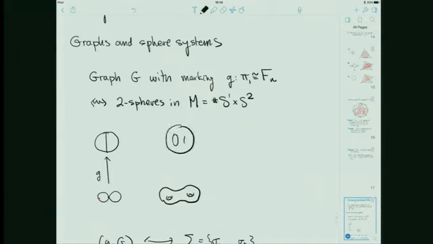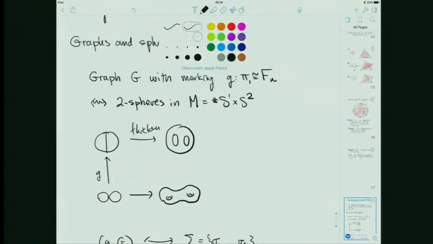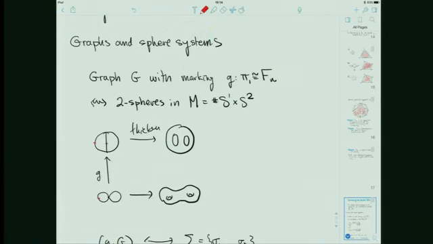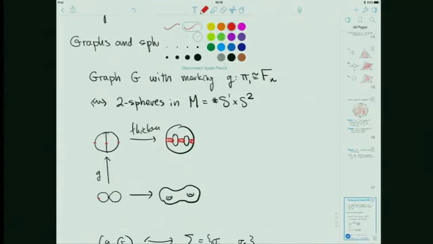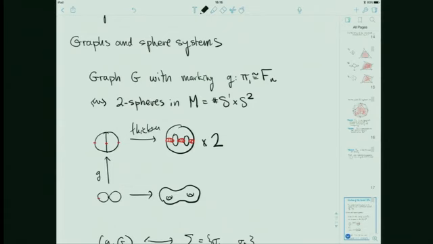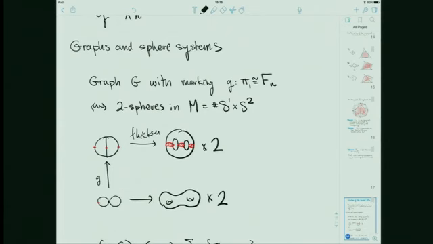I'll do it there and there. So, thicken. And then for each edge in my graph, the point in the middle of the edge became a disk. And now I'm going to double this whole thing, which is harder to draw. And I get a collection of 2-spheres in my handlebody.